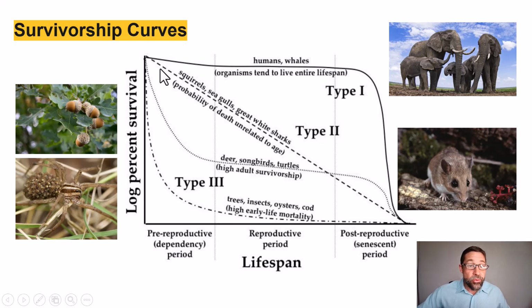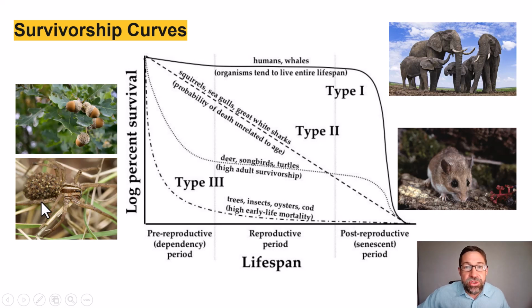And then a type 3 survivorship curve shown right here. This is when mortality rates are highest in the young, the early stages of development. So type 3 survivorship curves are really characteristic of invertebrates. So this is a wolf spider with her spiderlings riding around on her back.